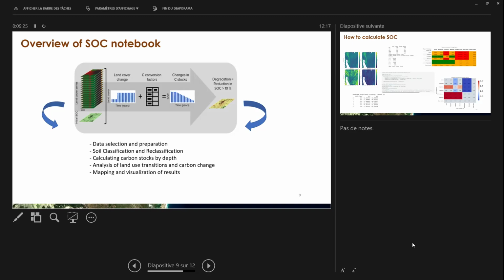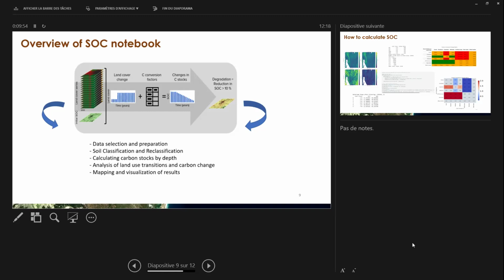And this data are basically the ESA CCI with 300 meters of spatial resolution, the soil, and also the climate regions data to be integrated later when we use a matrix for the carbon conversion factors.